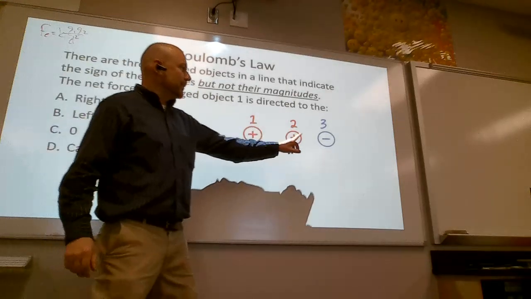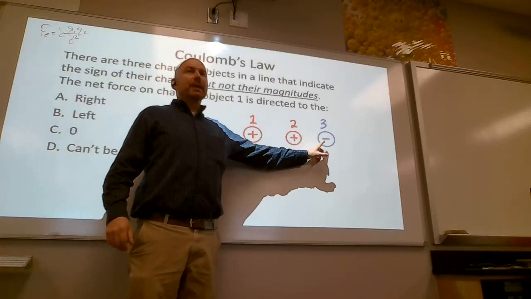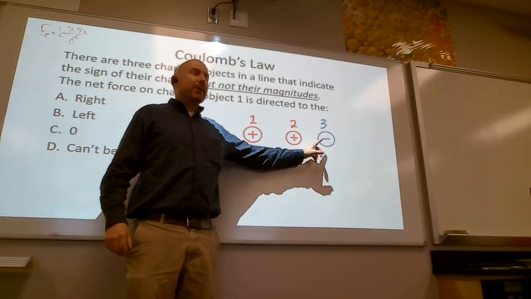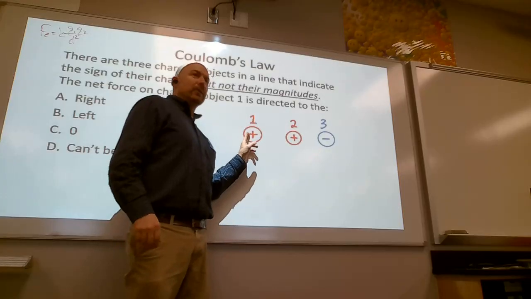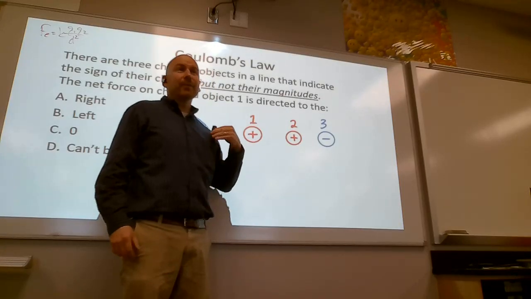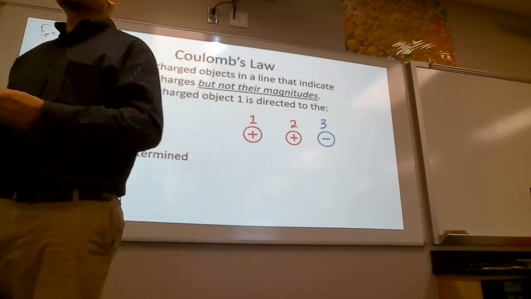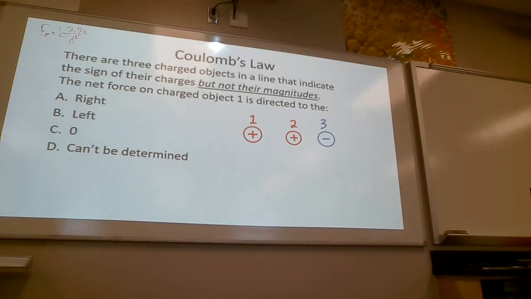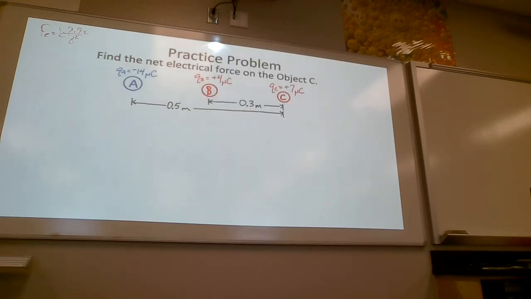Is it possible that the charge on 3 is great enough to counteract the fact that it is further away? Yes. It's definitely in the realm of possibilities. Good with that? Okay. This is going to be the hardest problem on your homework tonight.